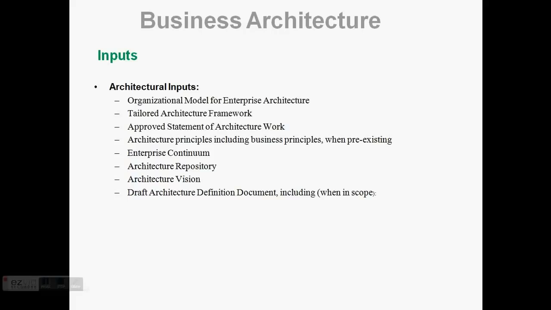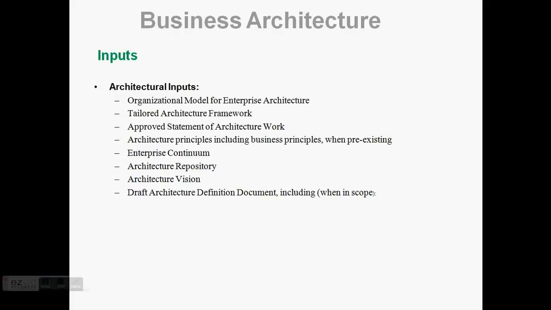The second point is the tailored architectural framework. That is also about tailored architectural methods, tailored architectural contents, such as deliverables and artifacts, and also about the configured and deployed tools.